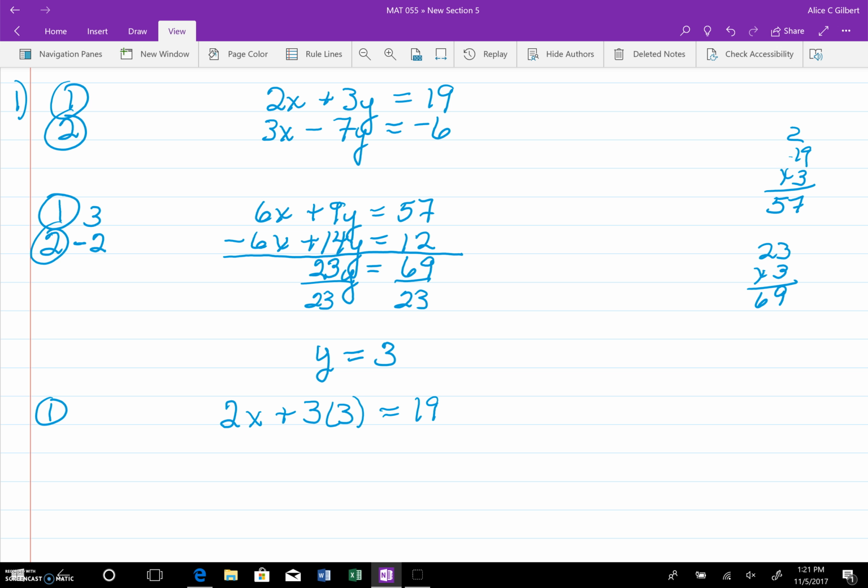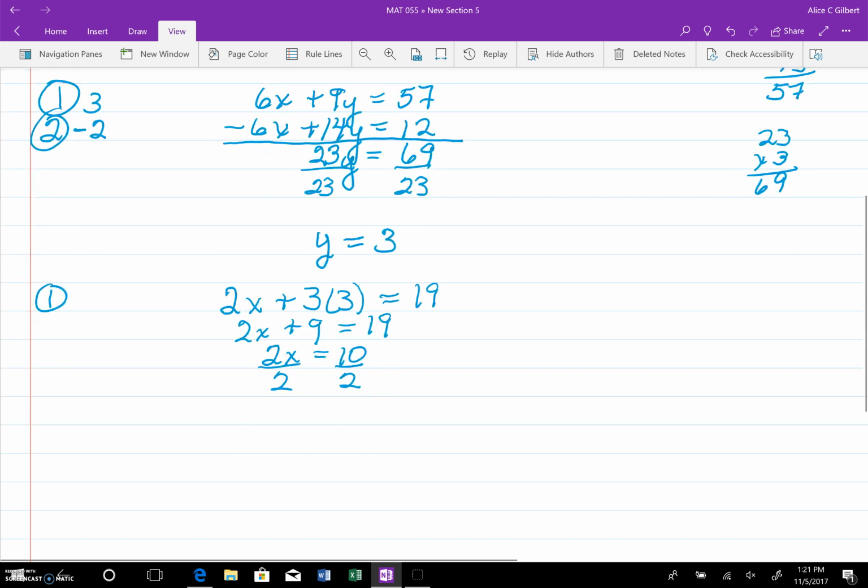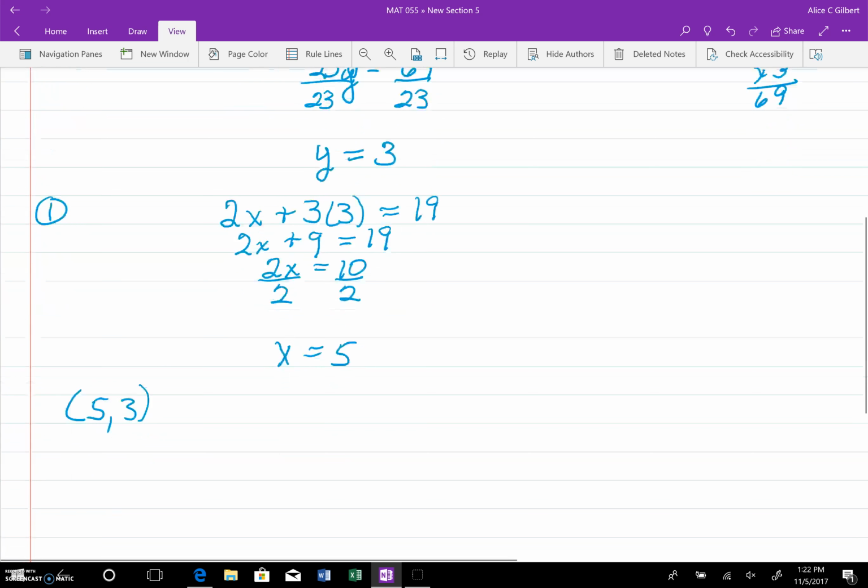And now this time I'm going to solve for x. So I get plus 9 equals 19. And then I'm going to subtract the 9 from both sides, divide both sides by 2, and I get x equals 5. So my one point where these two lines cross is 5, 3.